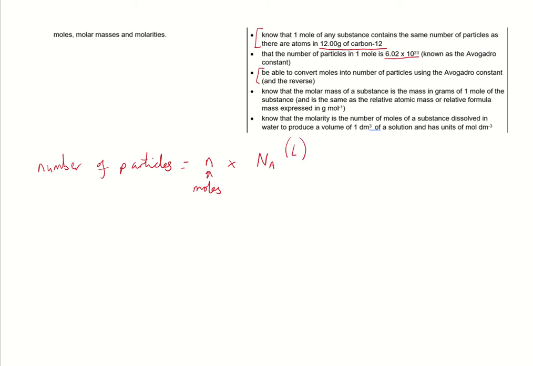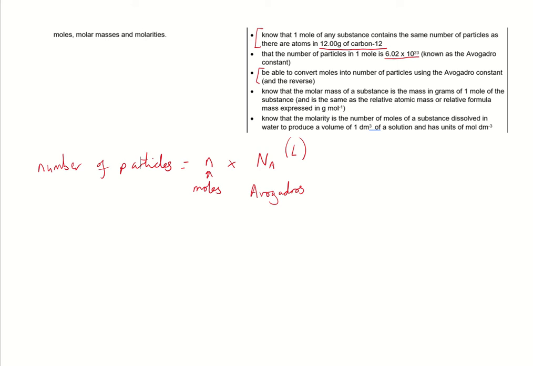Avogadro's constant annoyingly has 2 symbols, so it could be shown as either of those. You don't need to overly worry about remembering both. Chances are in the exam it will just show you. So that is Avogadro's constant there, and as we can see, the number up here.